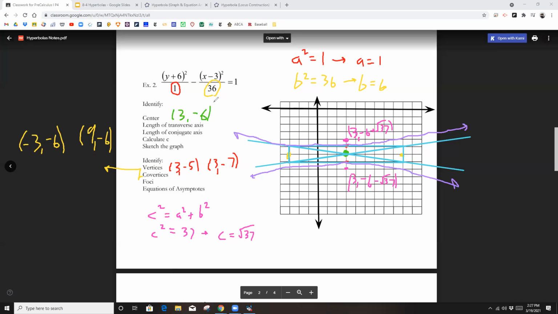So we got our co-vertices, we got our vertices, we got our foci. We found C. Last thing is just equations of the asymptotes.